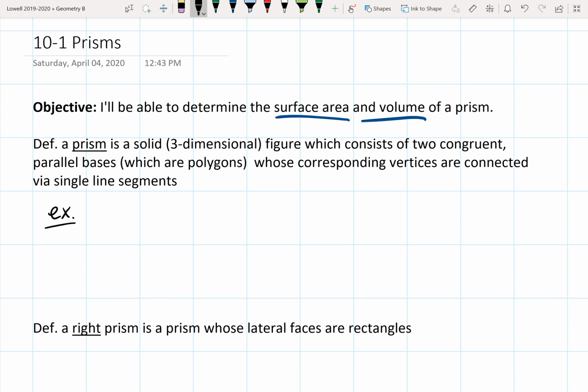So some examples, I could draw something like this. So I'll draw this triangle, and I'll draw another triangle over here. So if you imagine this first triangle is in the floor, and then this triangle right here is floating, and it's parallel to the floor. This triangle right here is parallel.